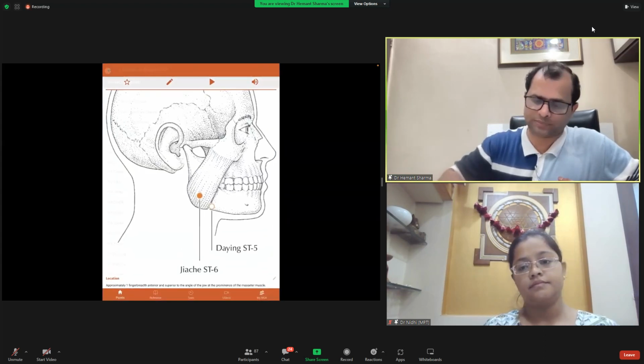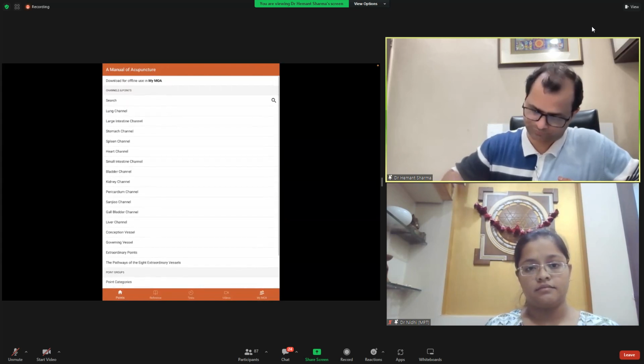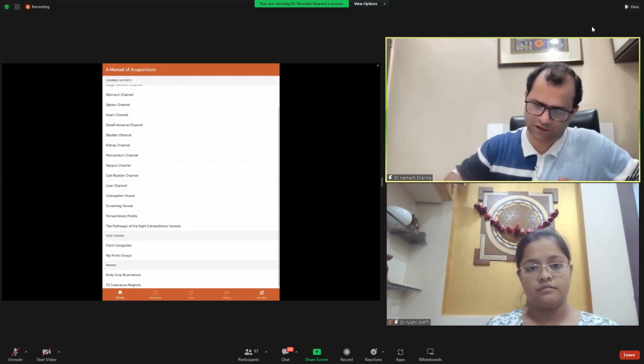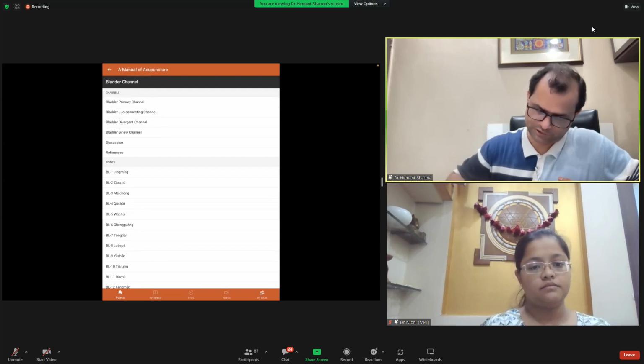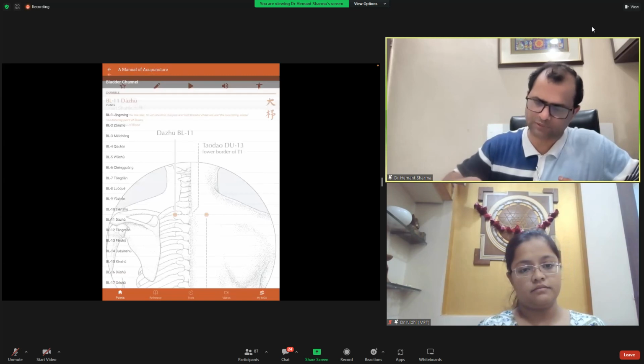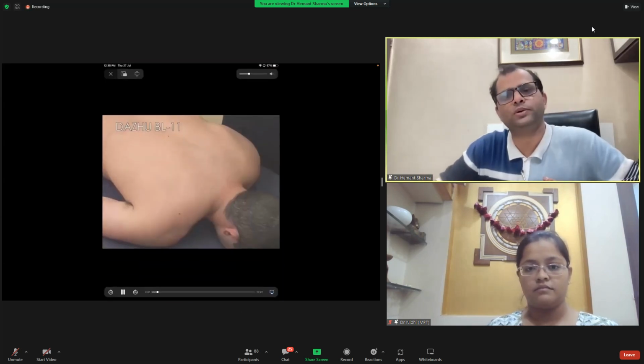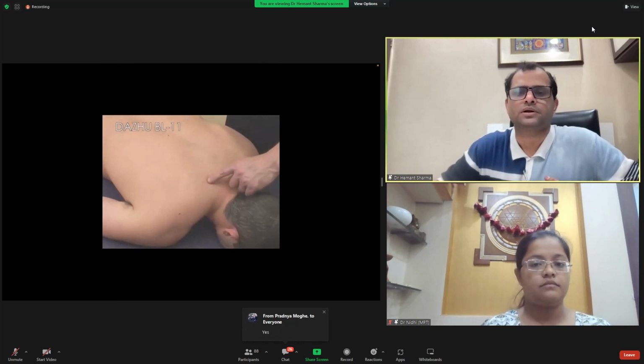So let's see in this image. I will show you the location of UB11. How many persons know that? I think more than 70% of people know the location of this point. So look at this point, UB11. Below the thoracic one vertebra on both sides, that is the location of UB11.